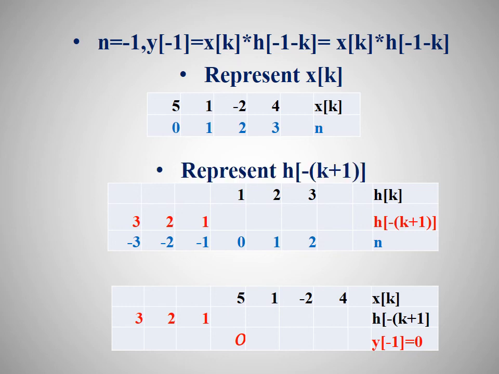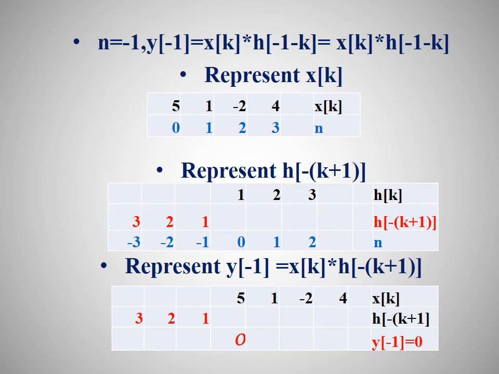Let us see what h of minus k plus 1 would be. h of k is given by, at n equal to 0 it is 1, at n equal to 1 it is 2 and at n equal to 2 it is 3. We remember that h of minus k is 1, 2 and 3 here.